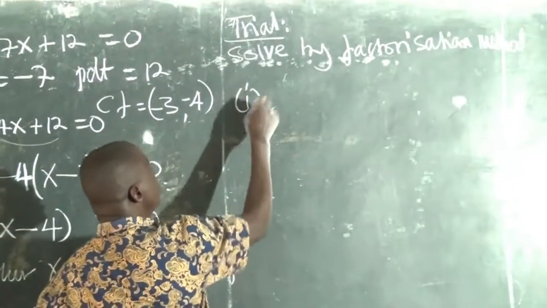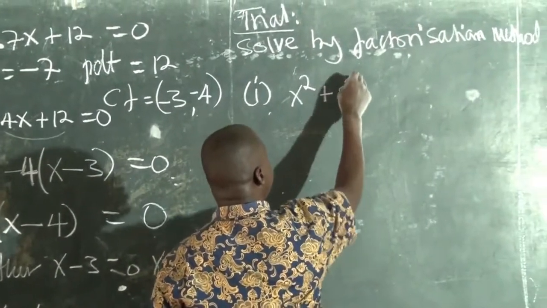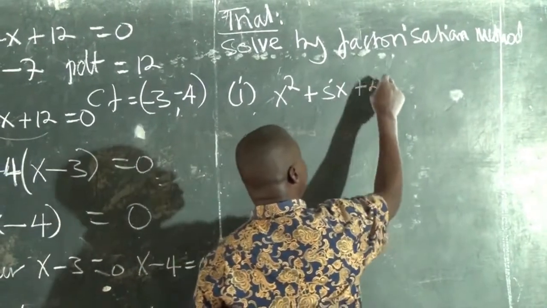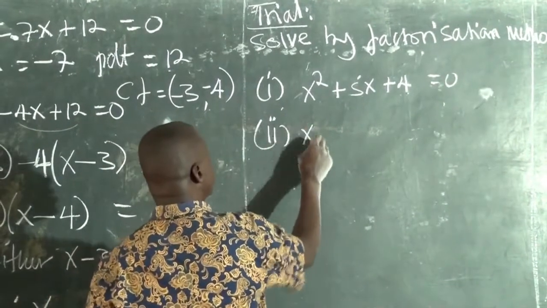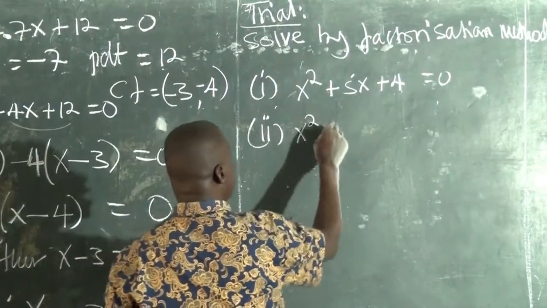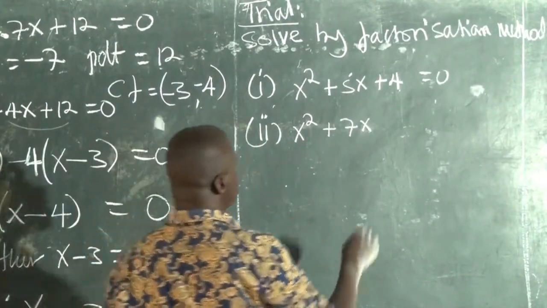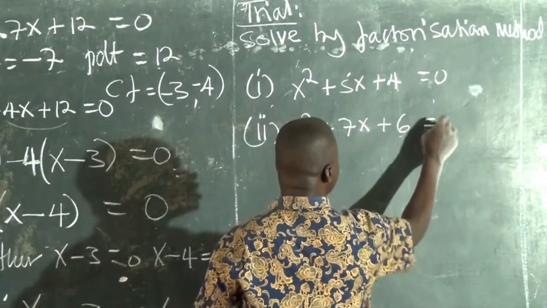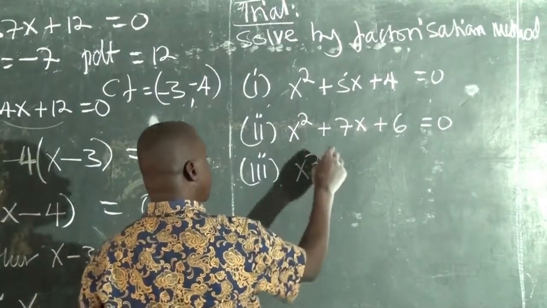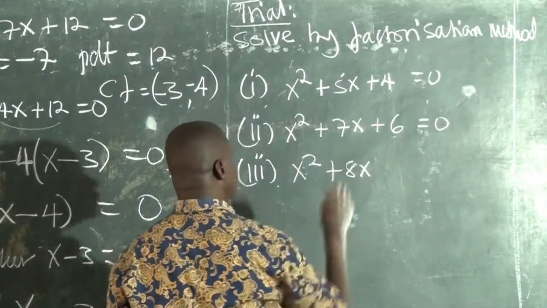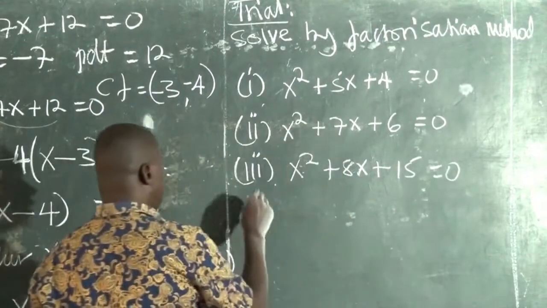Case 1, we have x squared plus 5x plus 4 equal to 0. Case 2, we have x squared plus 7x plus 6 equal to 0. Case 3 is x squared plus 8x plus 15, which is 0.